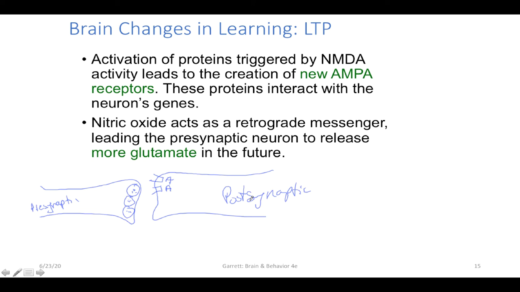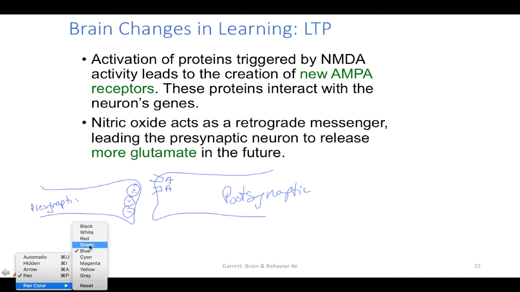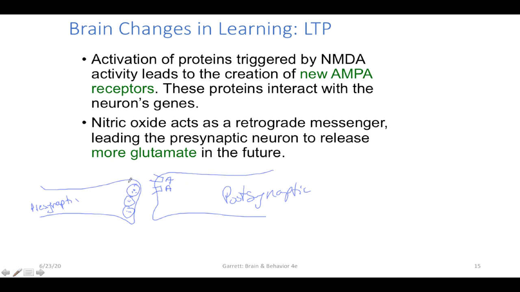For that to happen, the postsynaptic neuron has to communicate with the presynaptic neuron, and the way it does that is in the form of a gas. So I'm going to make little bubbles here to represent this gas, nitric oxide.